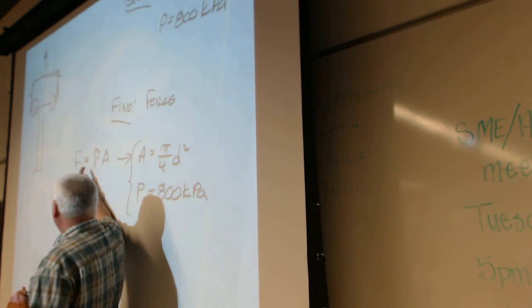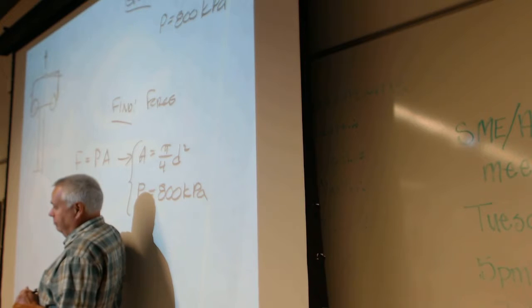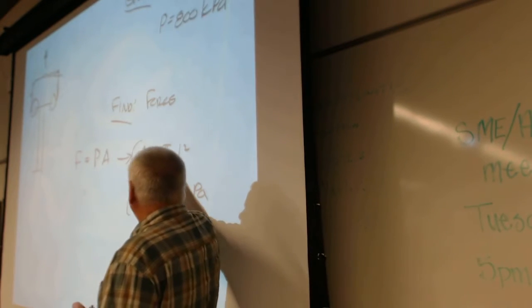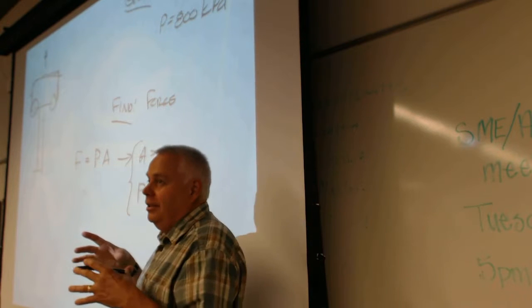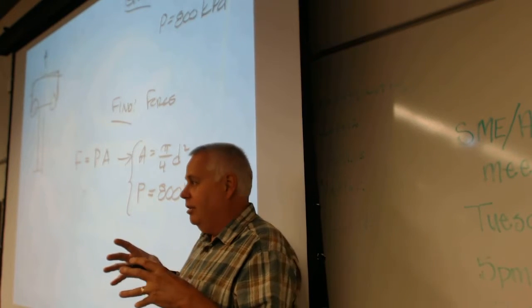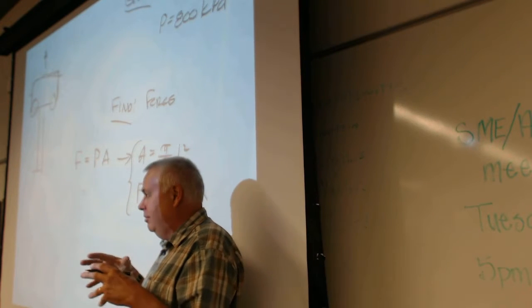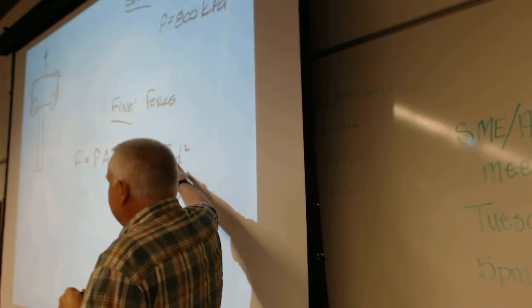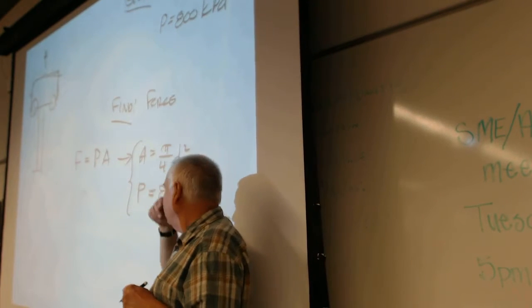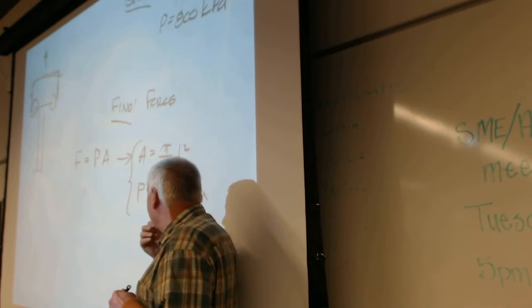The pressure is, by definition, force divided by area. What's our area? It's a round piston, so it's pi r squared or pi over 4 times d squared, because there are 2 radiuses in d. And we know the diameter is 25 centimeters. We're going to use that in meters though. And then the pressure is 800 kilopascals.